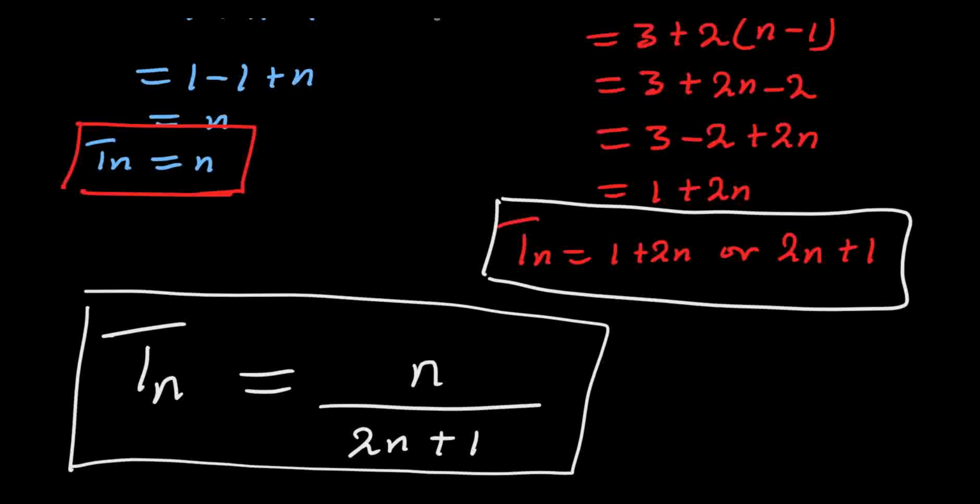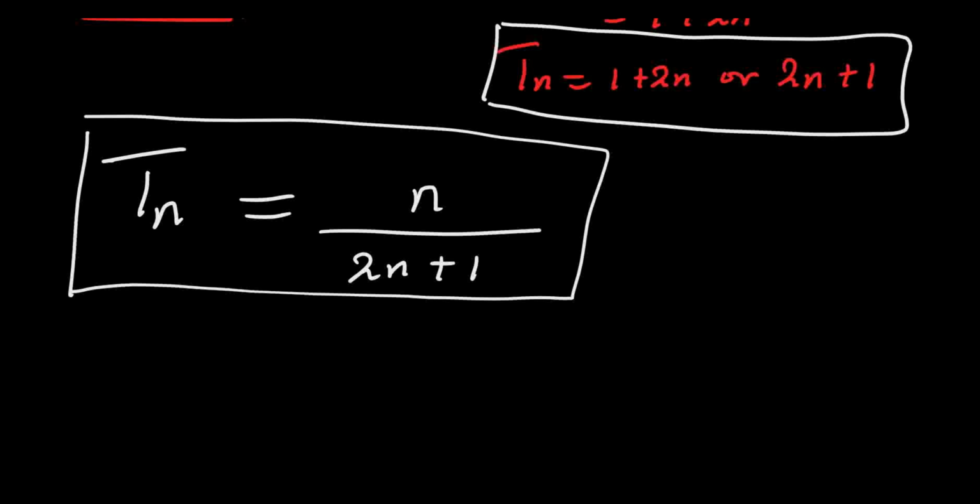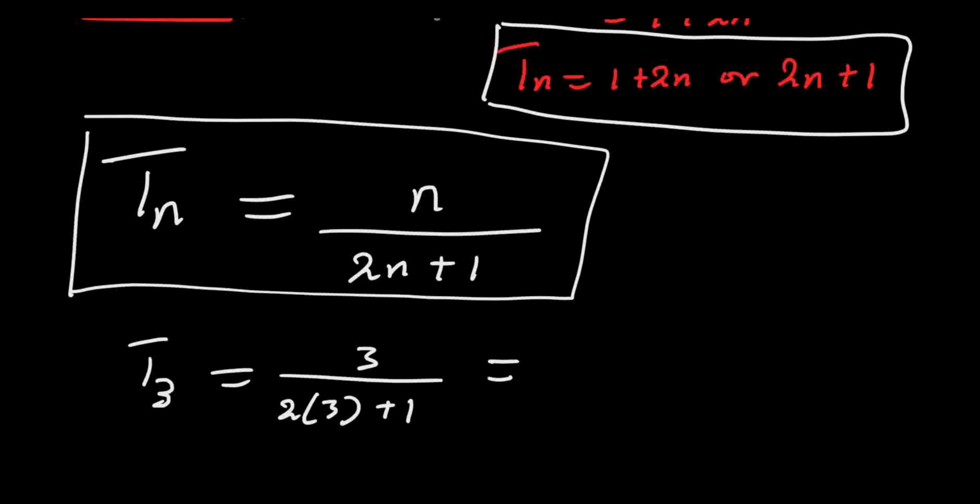So if we want to check if this formula is accurate or not, you just pick maybe the third term. The third term is T3 is equal to 3 over 2 times 3 plus 1, and this will be equal to 3 over 2 times 3 is 6 plus 1, and this will be equal to 3 over 7.